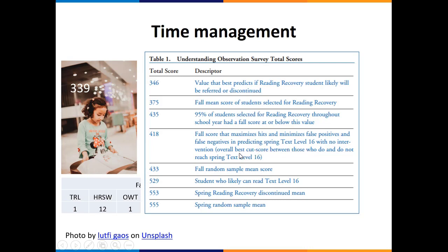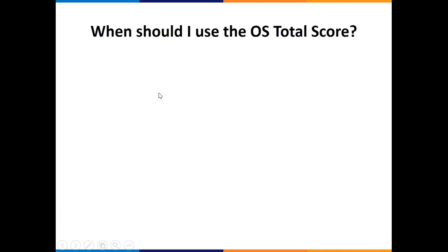So you can use this total score as a way to help you do some time management. Where do I need to focus some attention to make sure things are happening okay, and where am I not going to have to give some of my attention? So a way you can do it, I'm actually going to show you an on-demand report that's using these two pieces of information right here to help you try to do that.